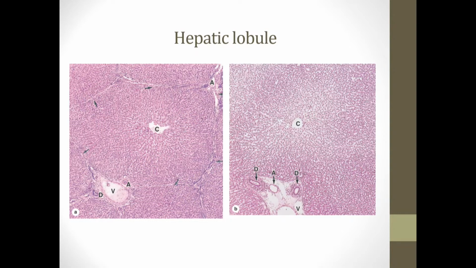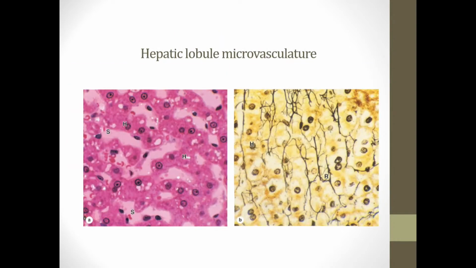And 25% of blood comes from the artery, and this is oxygen-rich blood but nutrient-poor. So 75% nutrient-rich blood the liver receives, and this blood is from the stomach, from the spleen, and 25% of blood is oxygen-rich blood.